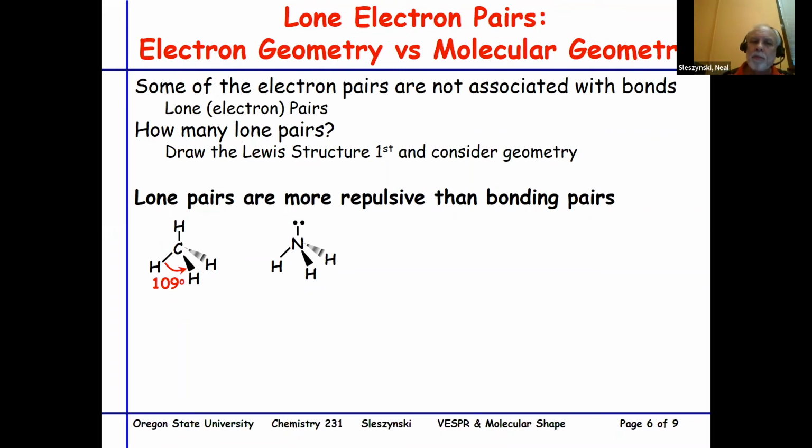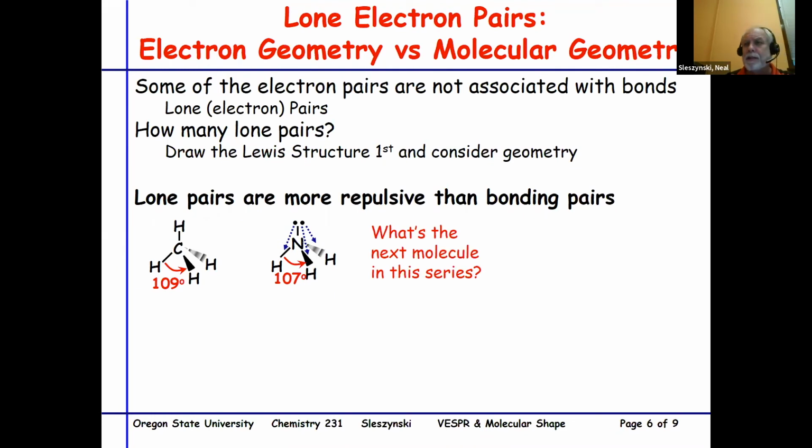Because the non-bonding electron pair is more repulsive, it's pushing down on those bonding electron pairs that are holding the nitrogen and hydrogen atoms together. As a result of that, the geometry between my nitrogen hydrogen bonds has been compressed, and I've dropped from 109.5 degrees to 107 degrees. So now we see the practical effect of this lone pair repulsion.